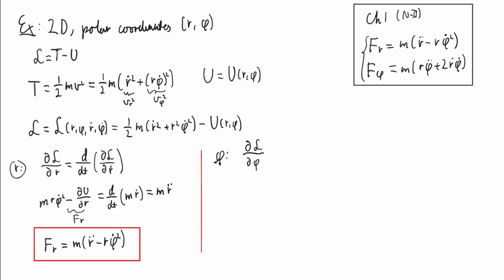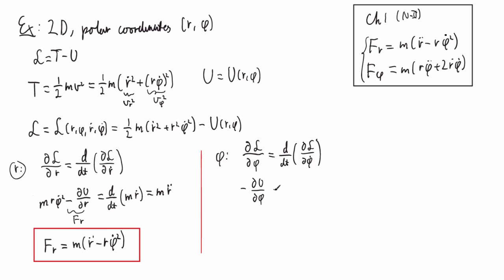So it has exactly the same form for phi as it does for r. dL d phi equals d/dt acting on dL d phi dot. So now we have to look at this. Okay, the only thing that actually depends on phi here is the potential. So this becomes minus dU d phi.